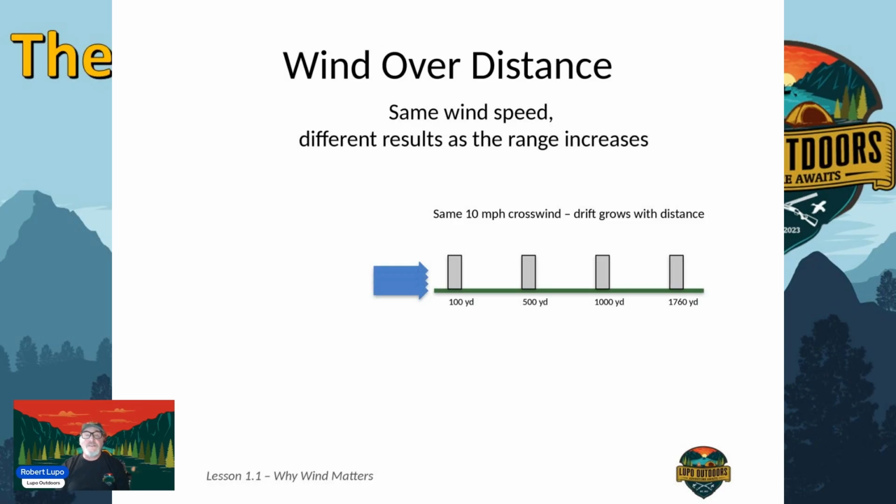At 1,000 yards, we're talking feet, not inches. And at 1,760 yards, 1 mile, you can easily blow completely off the steel if you don't hold for that wind. Nothing magical about the bullet or the wind. The only thing that changed was how long the bullet was in the air.